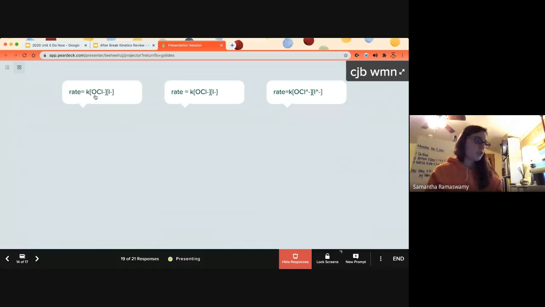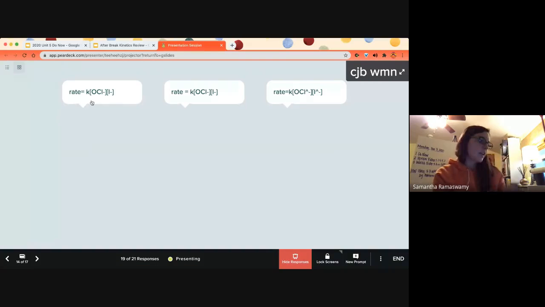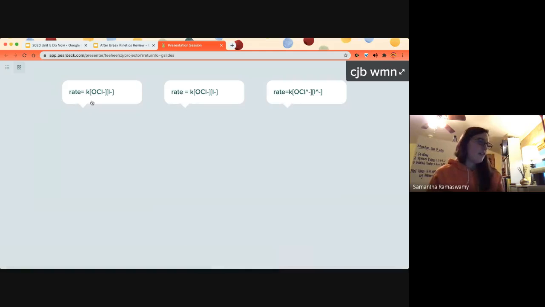I was just looking at some as they were being typed up. Notice rate equals k. Don't forget k. Check your rate law. If you do not have the rate constant in your rate law, make sure that you add that. So rate equals k times the concentration of OCl minus times the concentration of I minus.